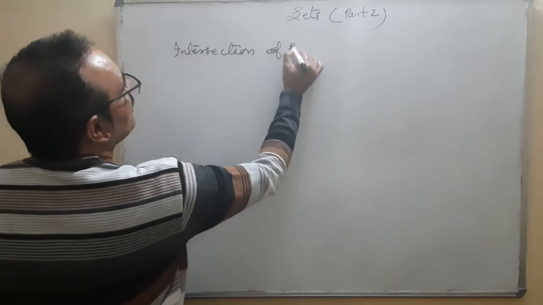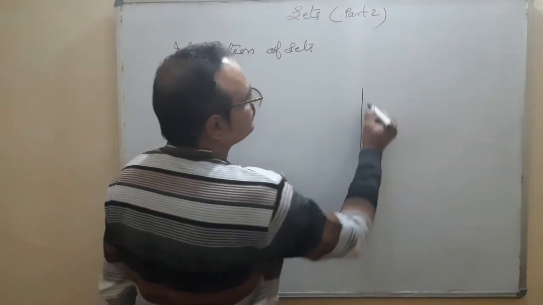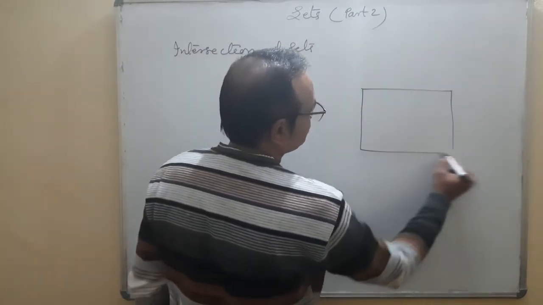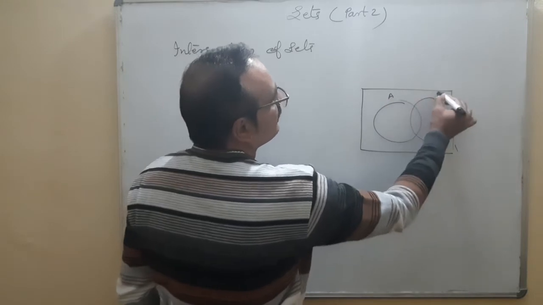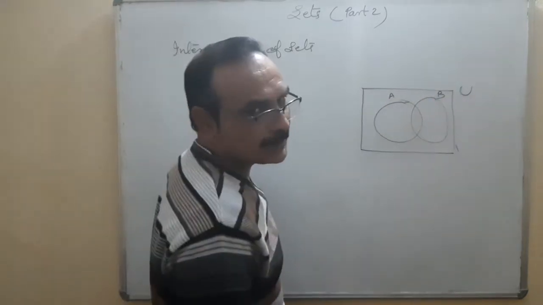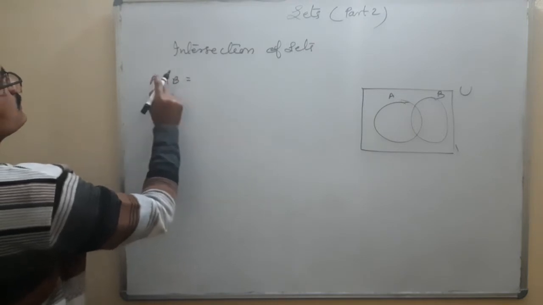Intersection of sets. A, B, universal set. A intersection B. What is the meaning of intersection?